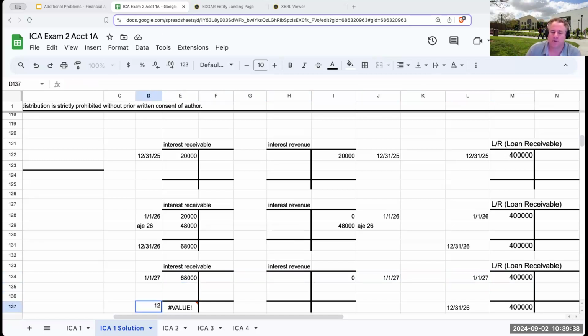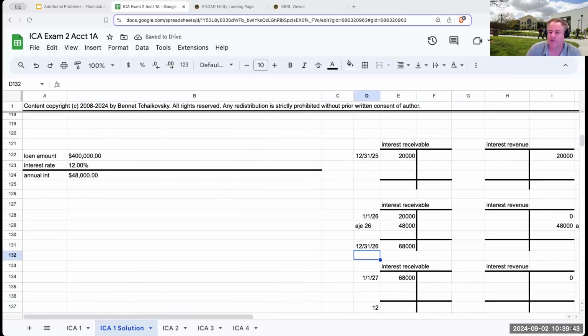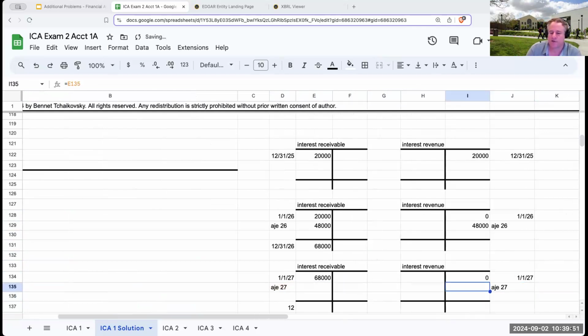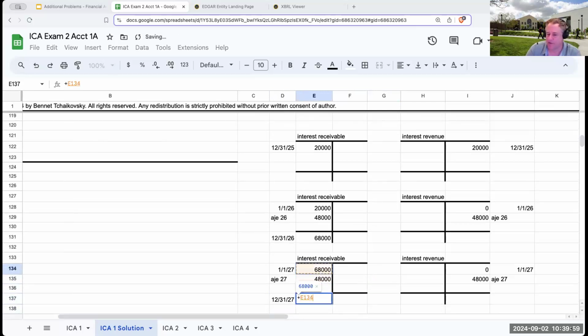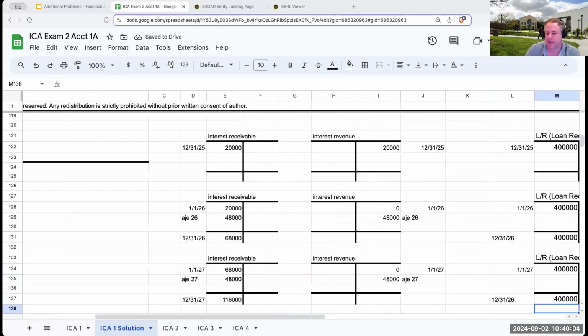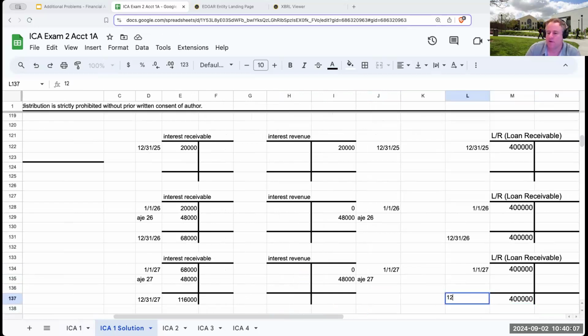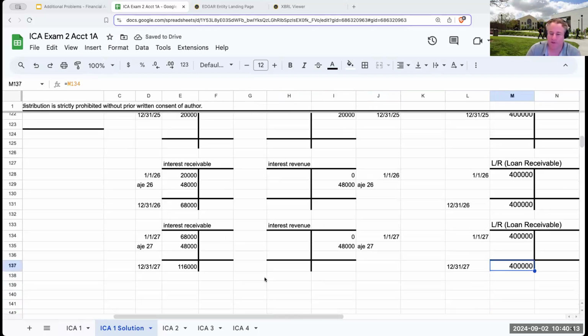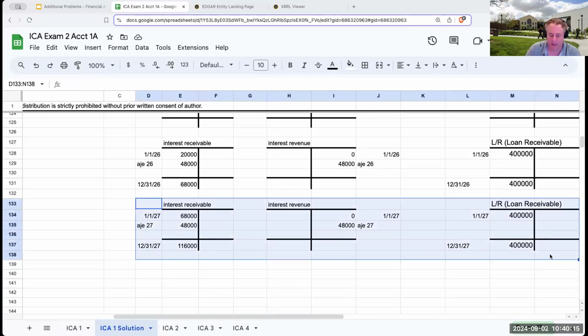The amount of interest I've earned for 2027 is another 12 months, so my adjusting journal entry for 2027 is going to be another 48,000. I've earned another $48,000 of interest. So my ending balance as of 12/31/27 is going to be 116,000 of interest receivable. My loan receivable is going to have an ending balance of 400,000. Nothing really happens there. Let's go to the next year.